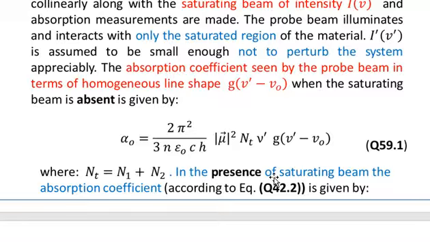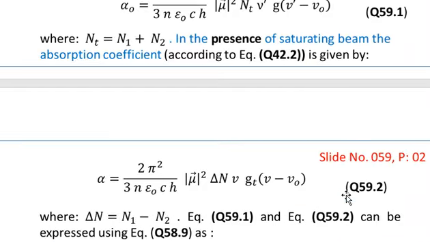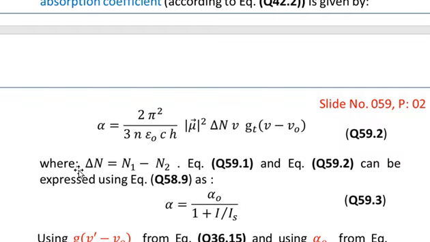In the presence of the saturating beam, the absorption coefficient according to equation number 42.2 is given by alpha is equal to 2 pi squared over 3 n epsilon naught ch, multiplied in the numerator by the absolute square of mu multiplied by delta n, which is the difference of population, and the frequency of the beam, and then G of nu minus nu naught, where delta n is equal to n1 minus n2.